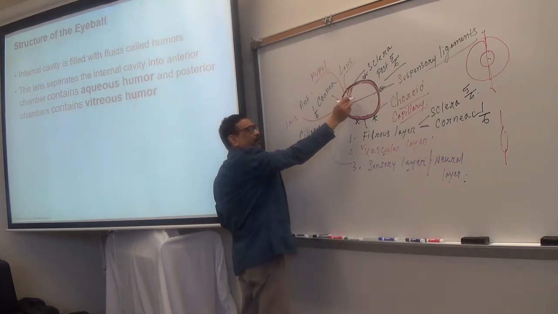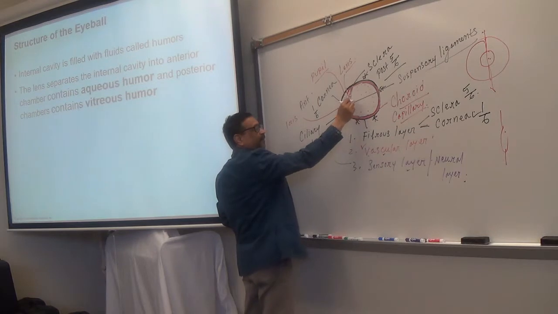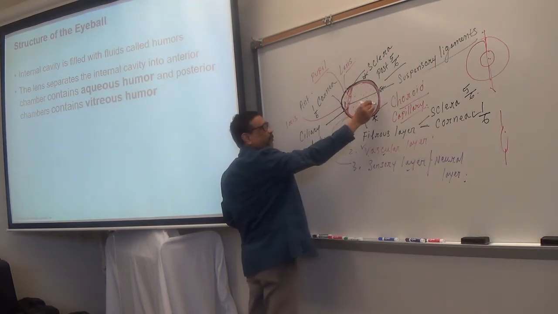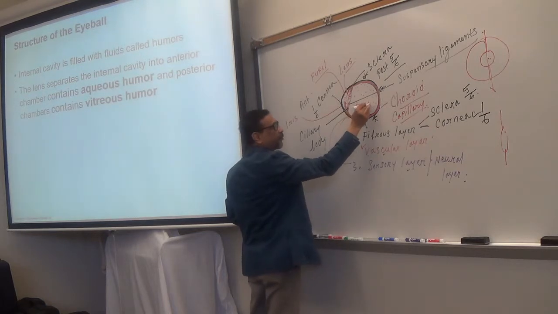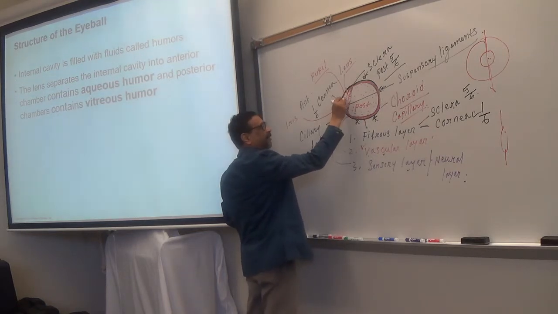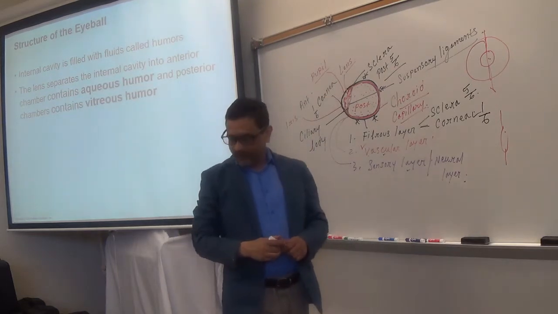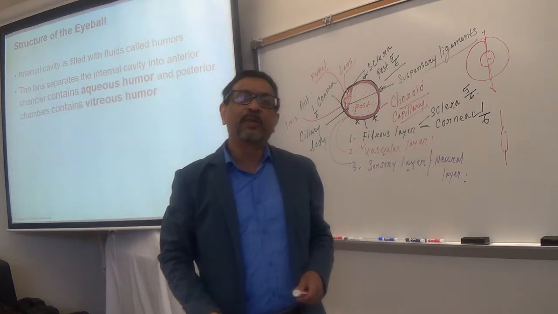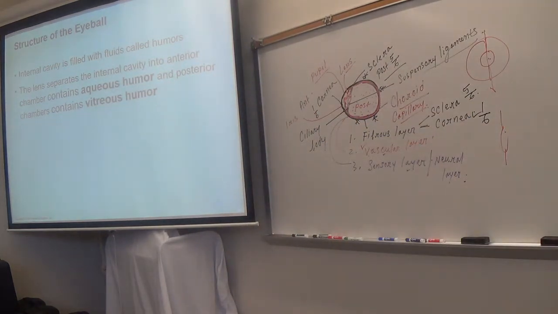And posterior chamber is this big one behind the lens. So this is posterior chamber and this is anterior chamber. Okay? And two chambers contain two different types of fluid.